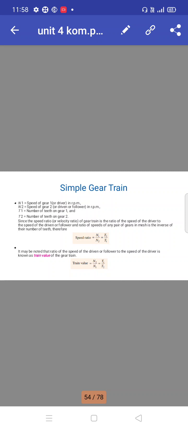Therefore, speed ratio N1 by N2 is equal to T2 by T1. It may be noted that the ratio of the speed of the driven or follower to the speed of the driver is known as the train value of the gear train. Train value is equal to N2 by N1, which is equal to T1 by T2.